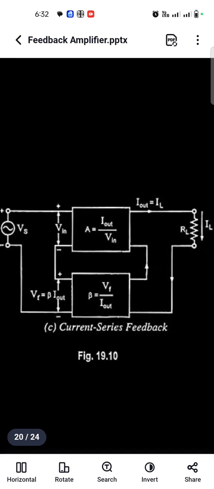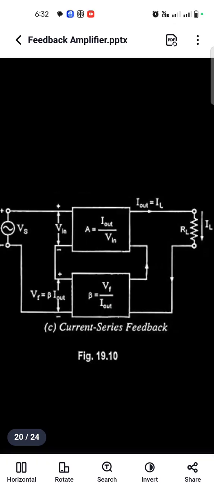Series feedback amplifier. How do you identify this as a series feedback amplifier? See the input side, we will connect the feedback by series mixing, right? How do we take the samples from the sampling network? By the series method only. That's why we can say this is a series feedback amplifier.